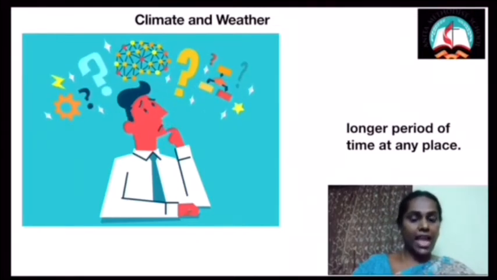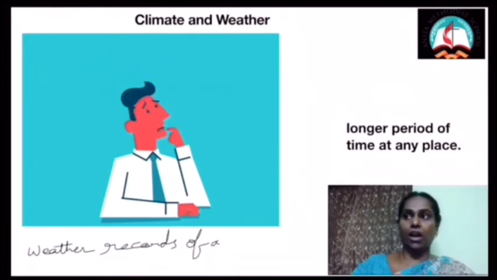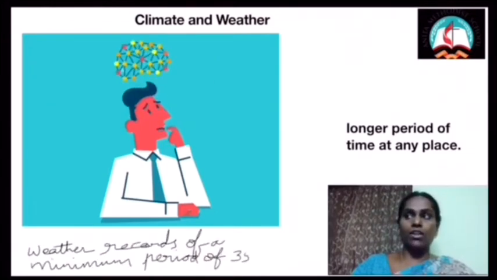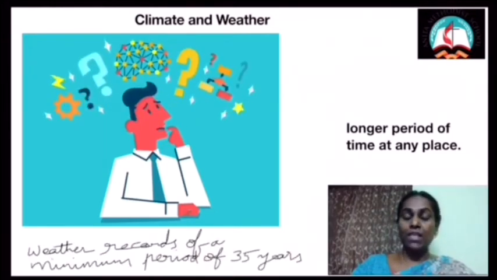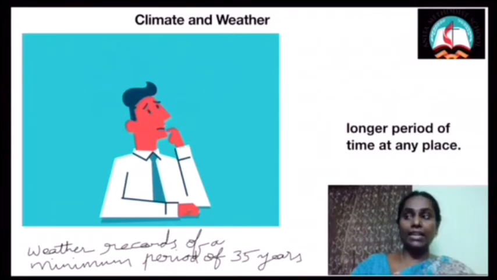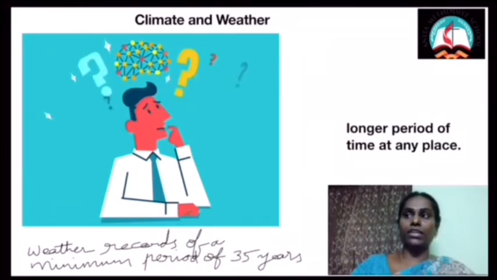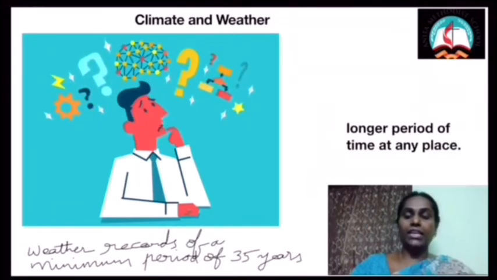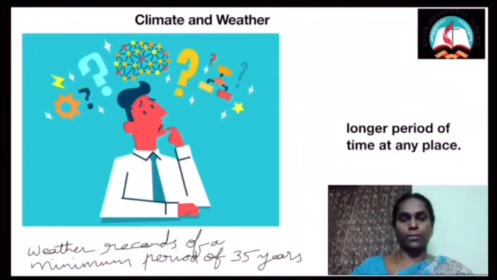Then climate. Climate is the average state of weather for a longer period of time at any place. Weather records of a minimum period of 35 years are found necessary to obtain reliable average.